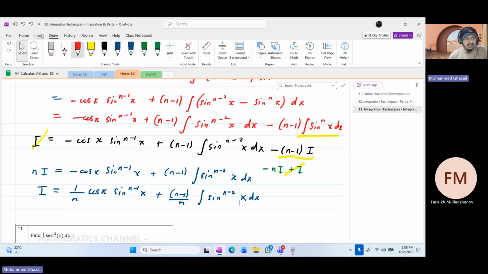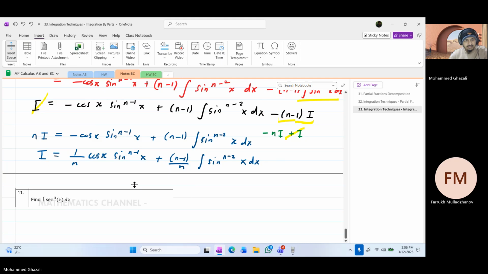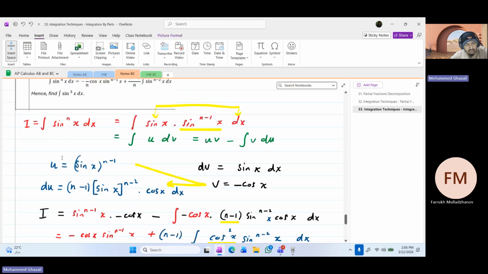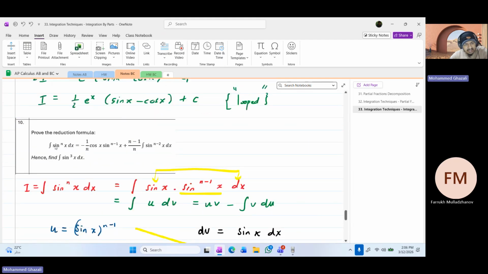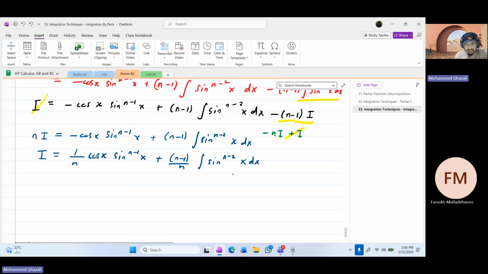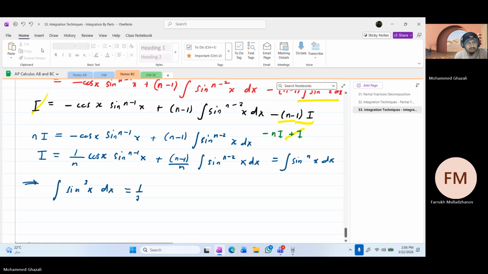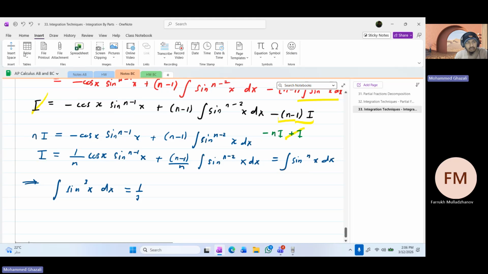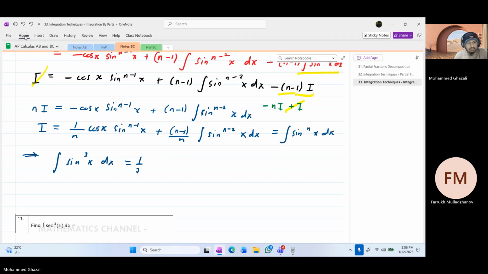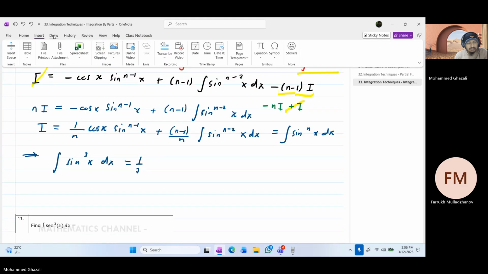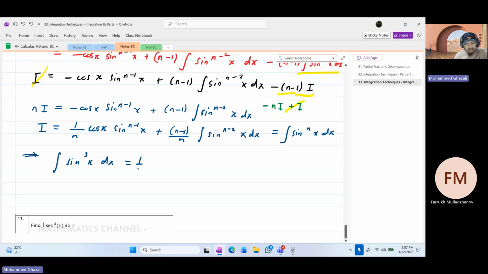But remember what we want to find: the integral of sine cubed x dx. So we're just going to apply the reduction formula, where n is 3.